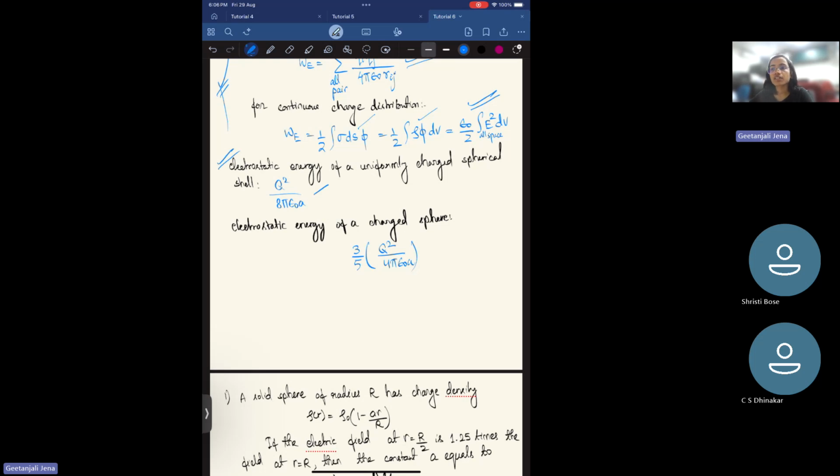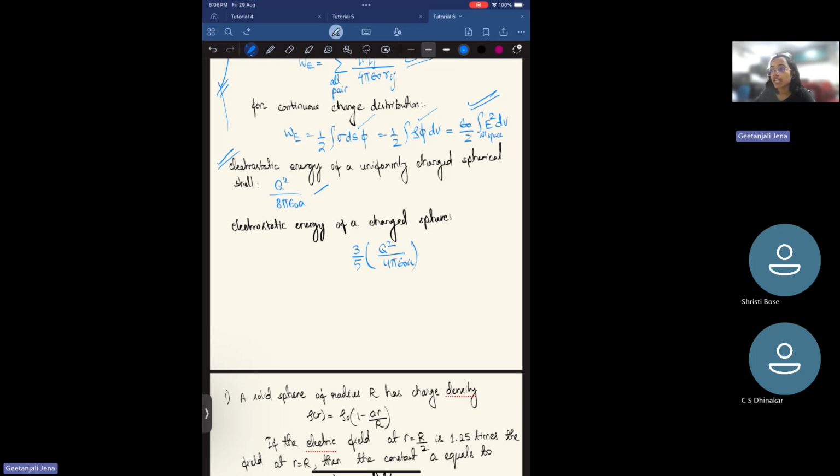Or, if the system has some symmetry, with charge distributed in a symmetrical manner, we can use Gauss's law to find the electric field, and from the electric field proceed to find other electrostatic parameters, maybe a potential or an energy.